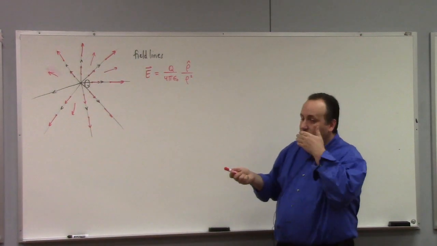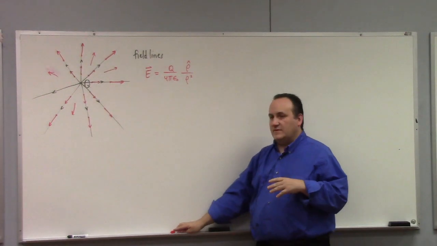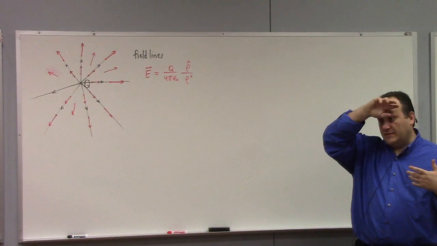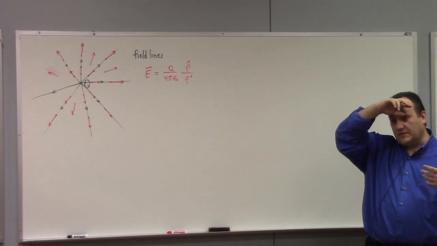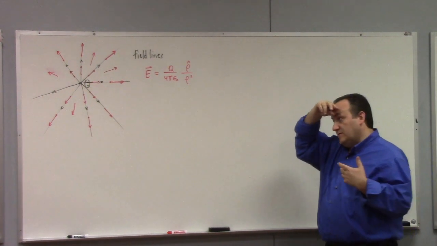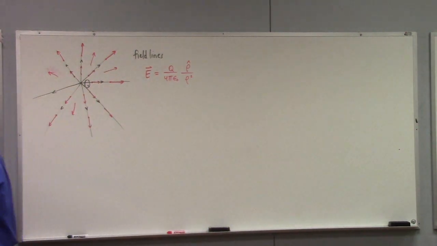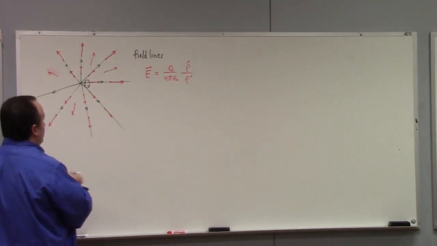Can you describe to me geometrically what's the relation between the field lines that physicists like to look at and the vector field that we're given? The geometry of the field lines and the vector field, what is it? Let me tell you what it is.